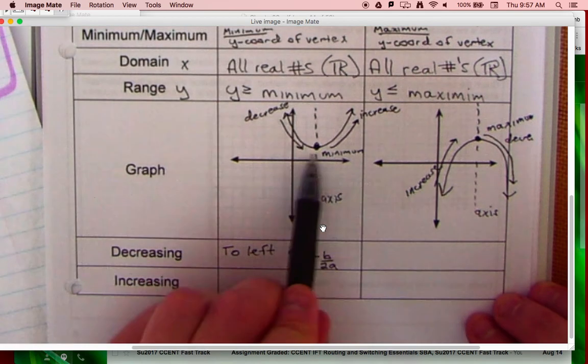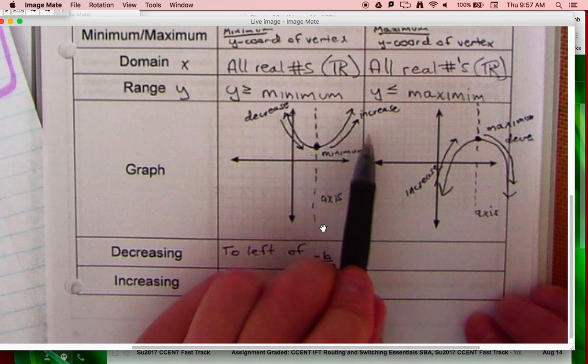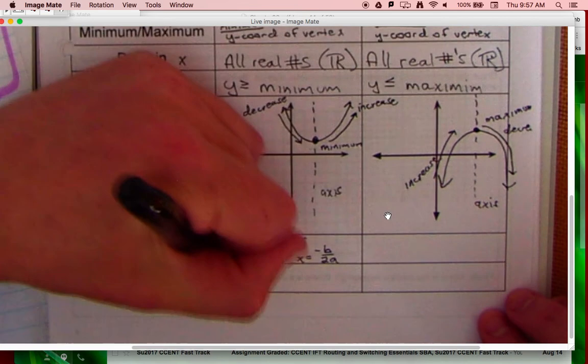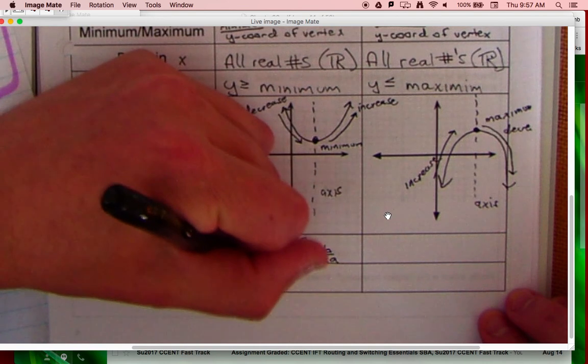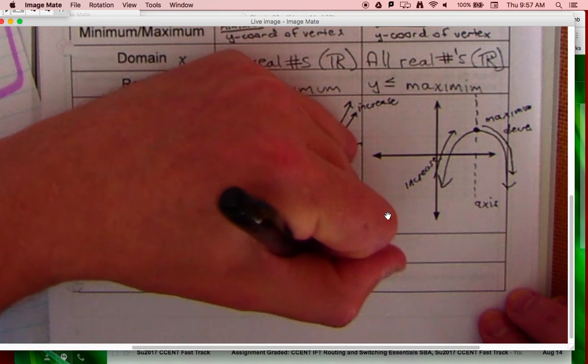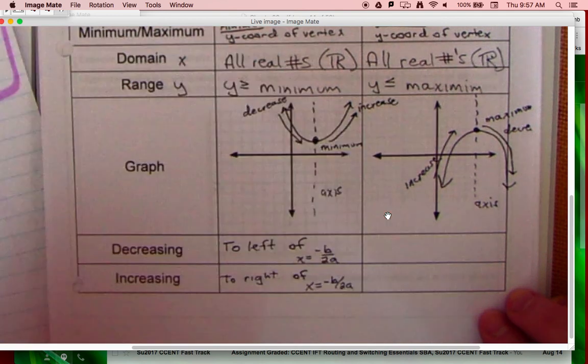And to the right-hand side of my minimum, or my axis of symmetry, it is increasing to the right of x equals minus b over 2a.